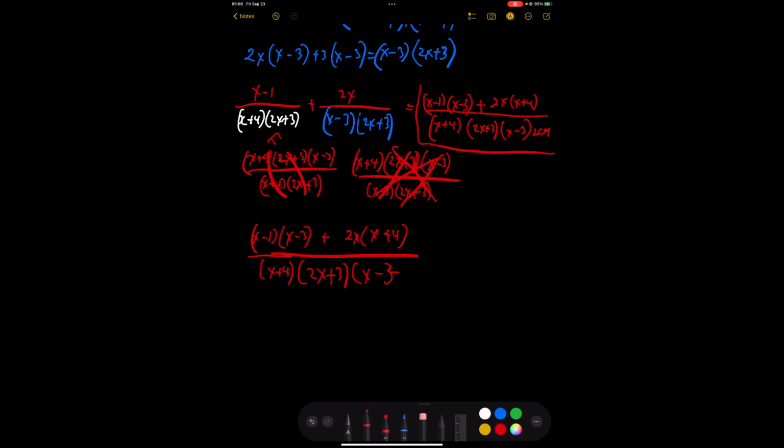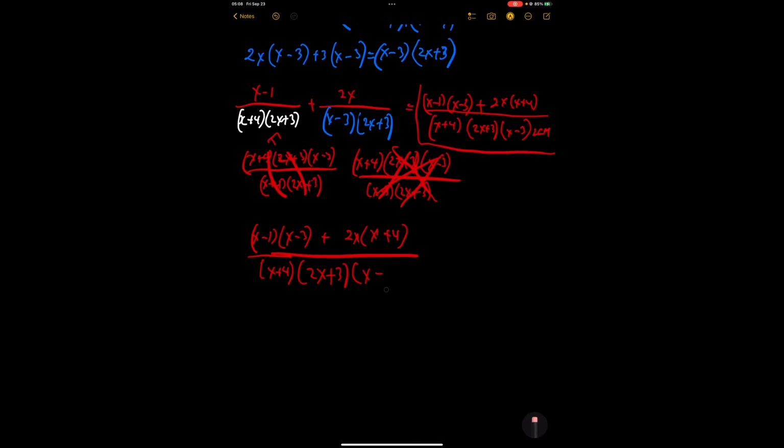So now what do I do? Now I just continue with my addition and multiplication. So I get x times x is x squared. x times negative 3 is negative 3x. Negative 1 times x is negative x.